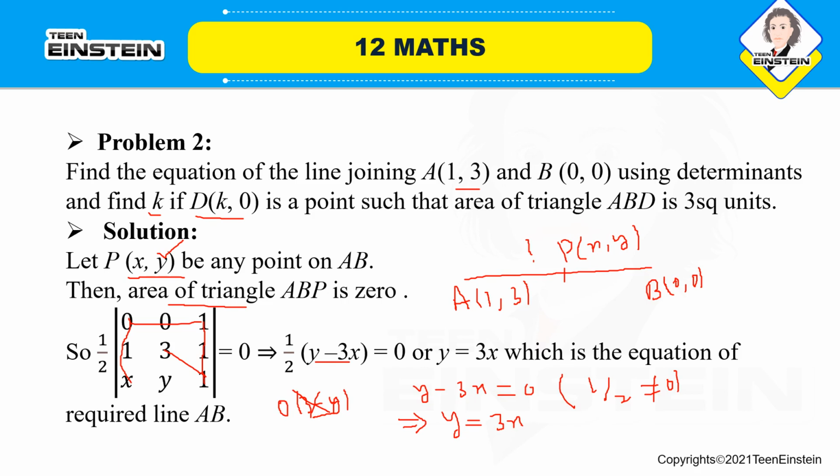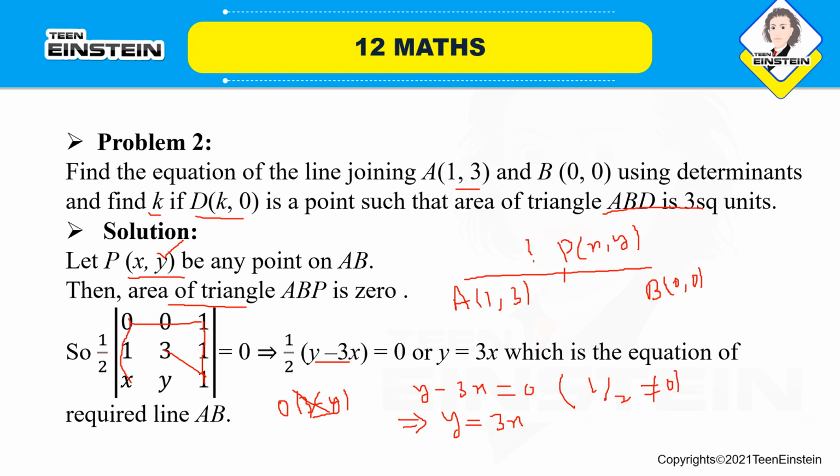If it were 0, then D would lie on the same straight line AB. But it is given that the area of the triangle ABD is 3 square units, which means that D is not lying on the straight line AB.